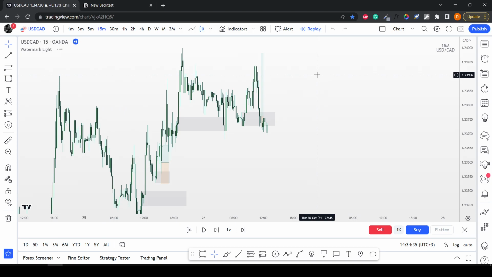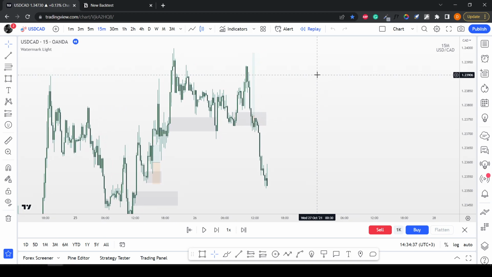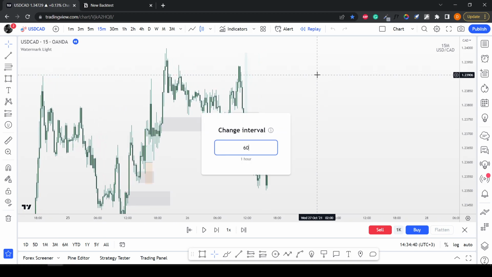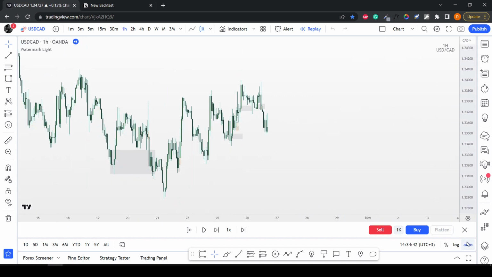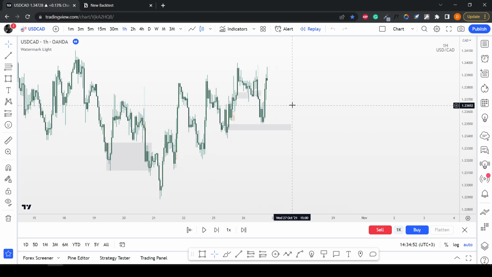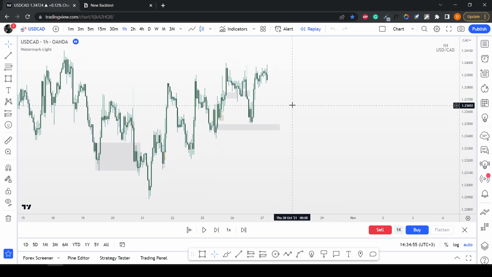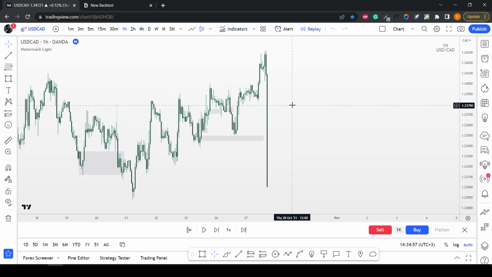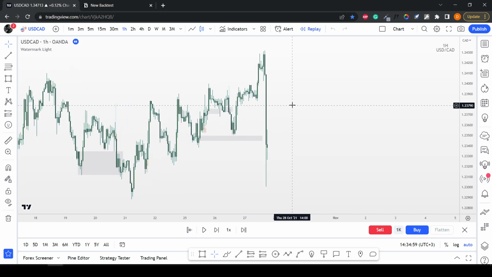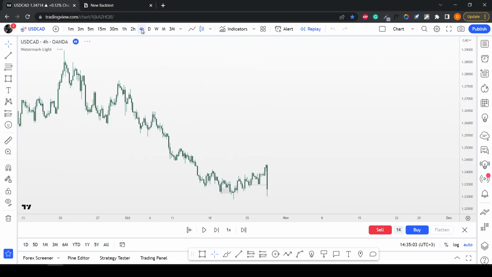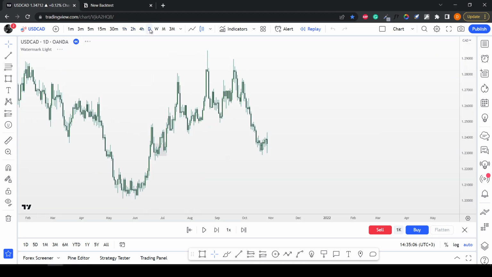And let's go further. Okay, so we have really deep mitigation, looking at this 1 hour chart. Oh my. Okay, so this still can be a reaccumulation, so this is definitely a news token.